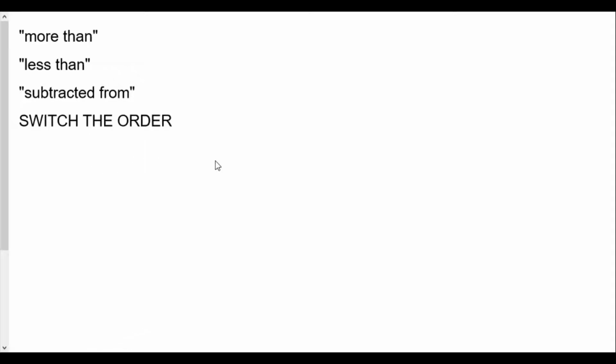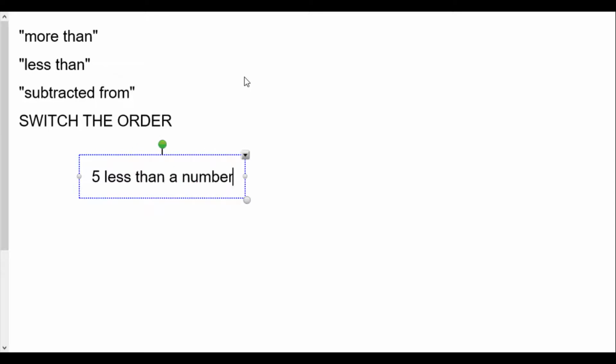For example, 5 less than a number can be reinterpreted as, if the number is n, n minus 5, because you're starting with that number and going 5 less. So this is the example we have here.